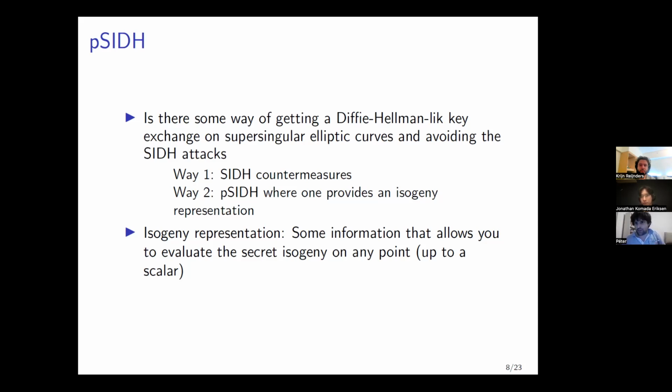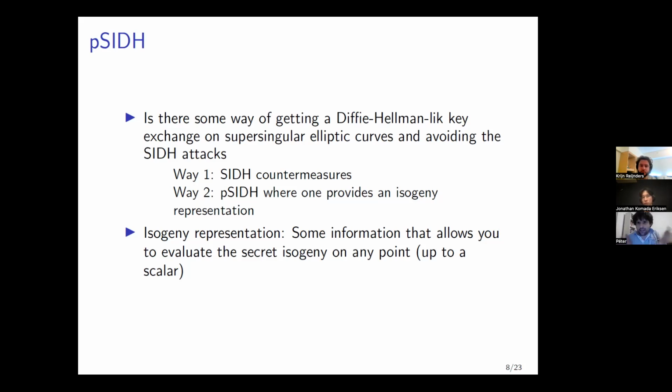Of course, when the isogeny is smooth, I can write it down as a composition of low degree isogenies, and there it is. But what happens if the isogeny has a big prime degree, so there's no way of writing it down as a rational map? Then it means that there is some way of evaluating your isogeny at any point. Technically up to a scalar, but for simplicity, let's assume that I can evaluate it at any point exactly.